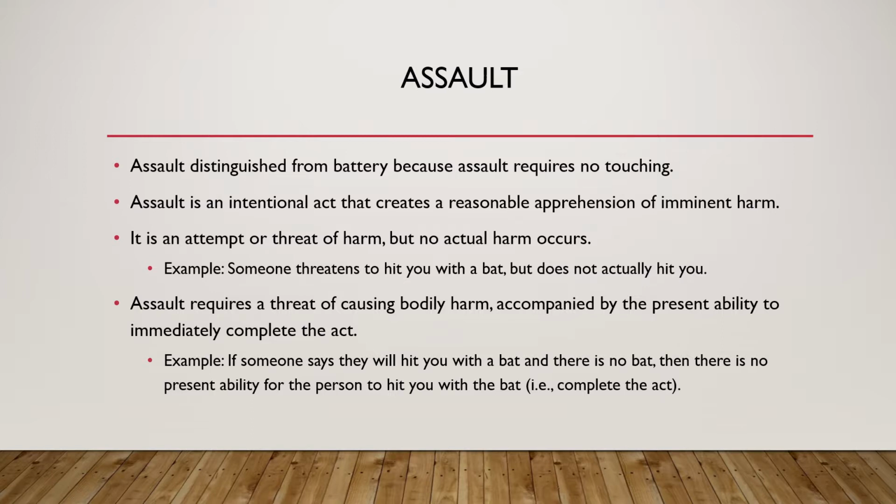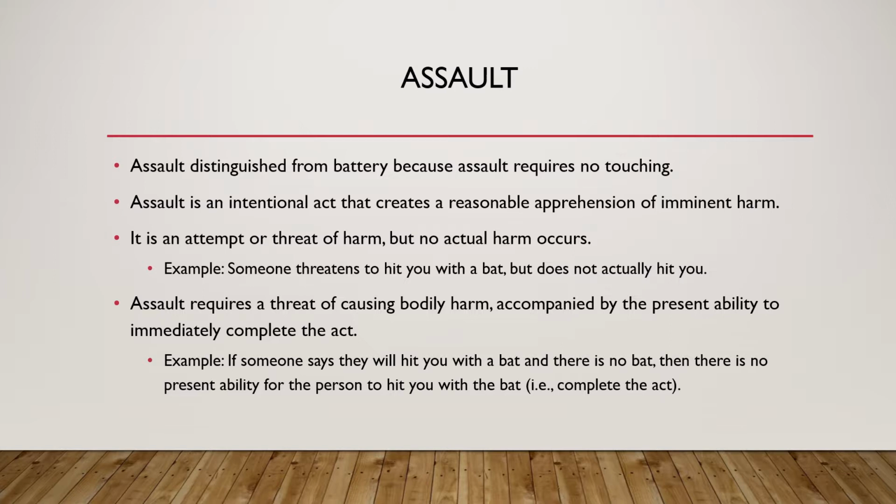Now, it's important to note that assault requires the threat of causing the harm accompanied by the present ability to immediately complete that act. If you threaten somebody but you don't have the means to carry out the threat, it's not going to be an assault. The example I give is the bat.